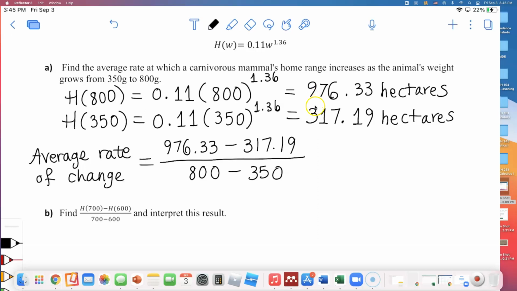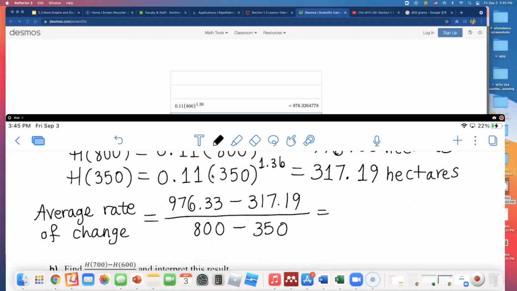As the animal went from 350 grams to 800 grams, the home range also changed. So that's what I want to figure out in decimal.